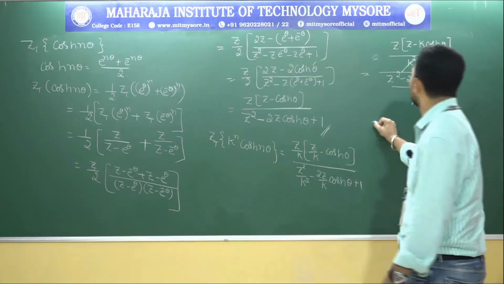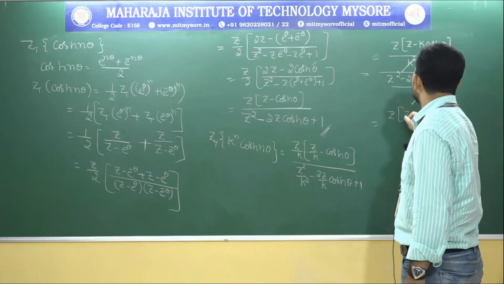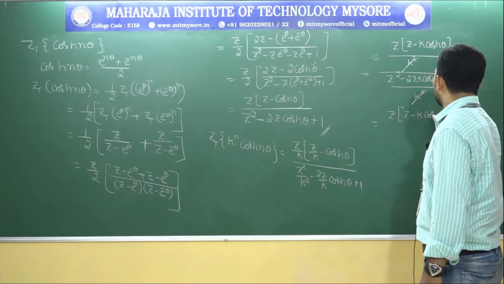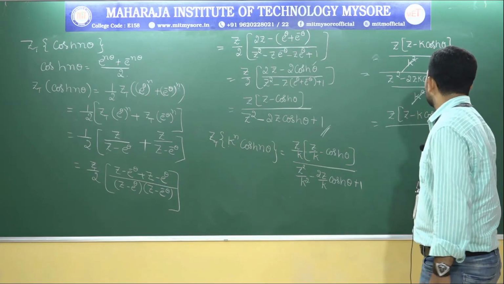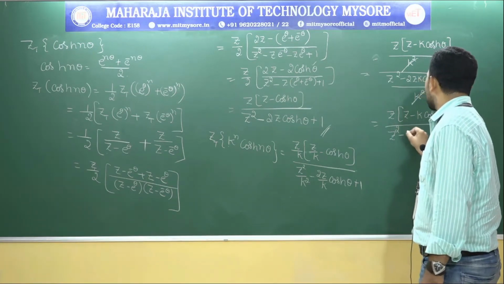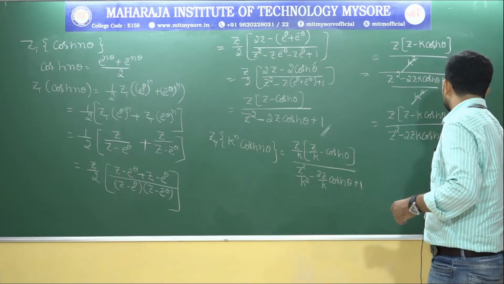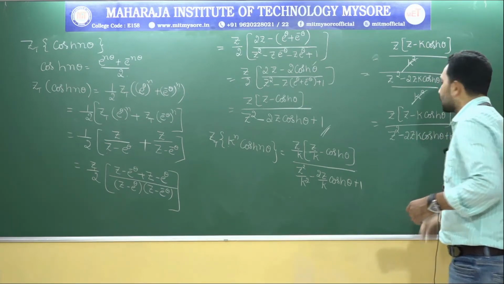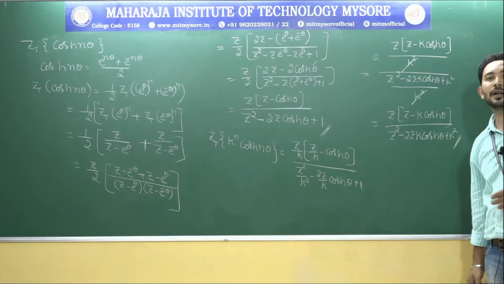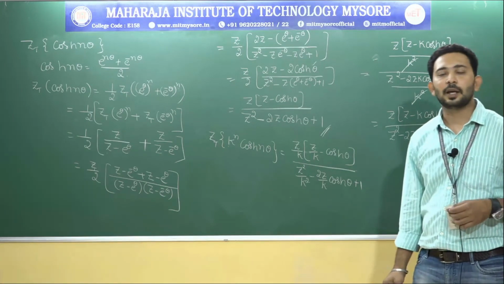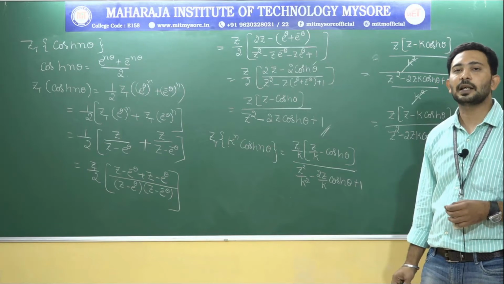So this k² will cancel. It is z into z minus k cos hyperbolic theta overall divided by z² minus 2zk cos hyperbolic theta plus k². So this is the required result for the z transformation of k power n into cos hyperbolic n theta.